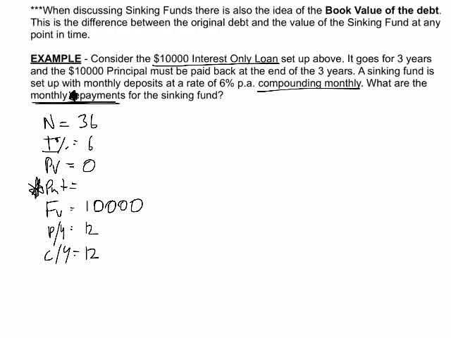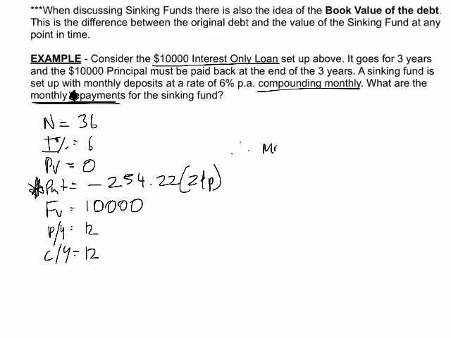So we'll chuck that in the calculator. FV of 10,000. Alpha solve on PMT, and that tells you it's going to be 254.22, 2 decimal places.